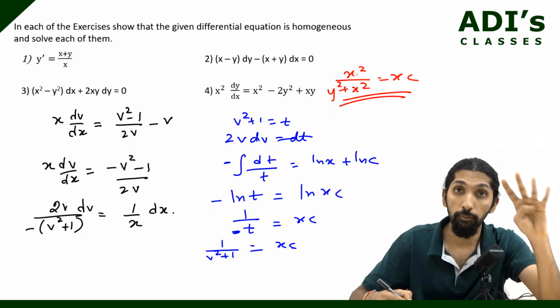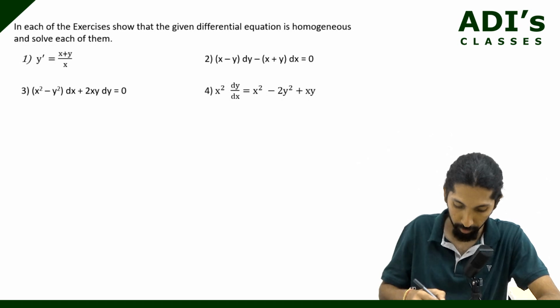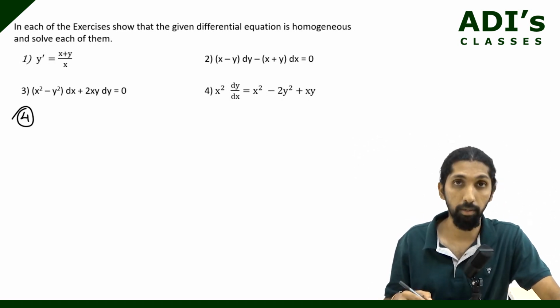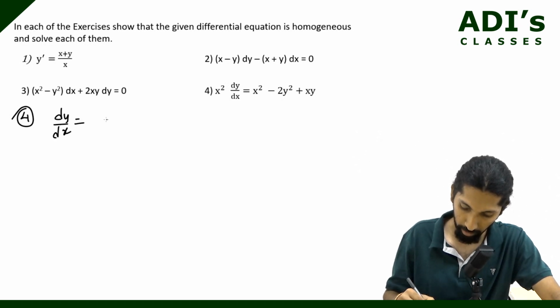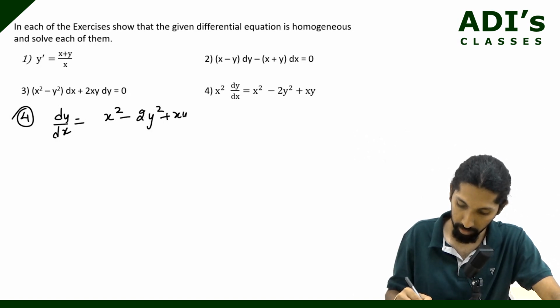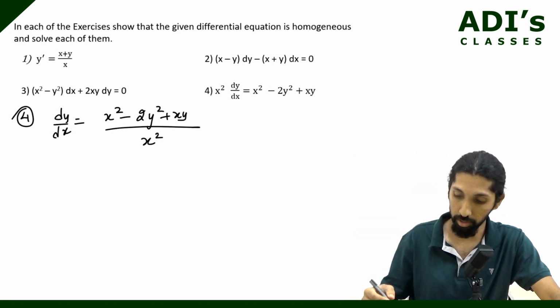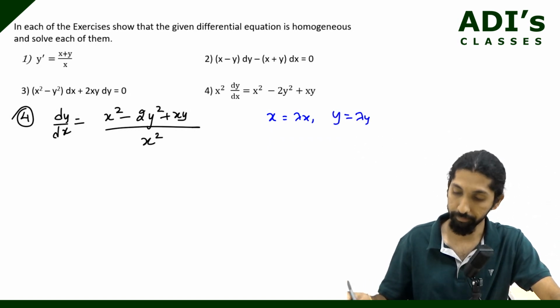Now, let's do the fourth question. See the fourth problem. See here, what we are going to do, dy by dx is that divide everything by x square. So dy by dx is equal to x square minus 2y square plus xy divided by x square, correct? Now, you know the substitution. We are going to take x is lambda x, y is equal to lambda y, right?